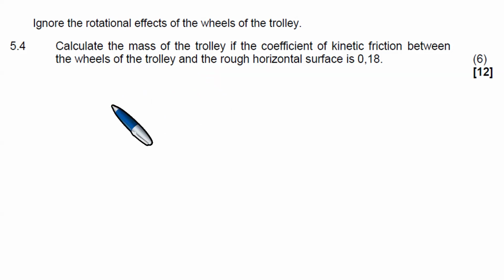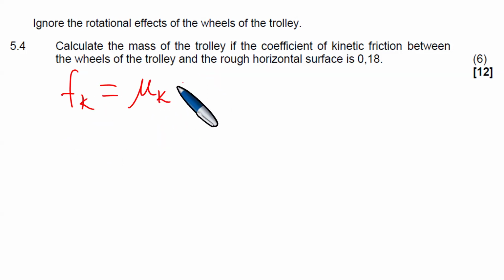We want to calculate the mass of the trolley, and to find it, this is the formula we use. The force of kinetic friction is mu k Fn, mu k times the normal force.